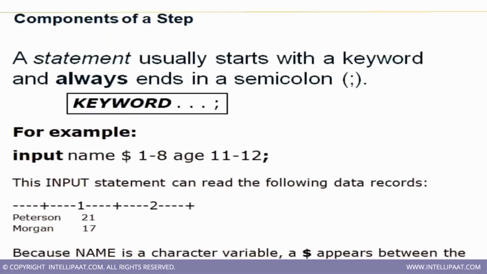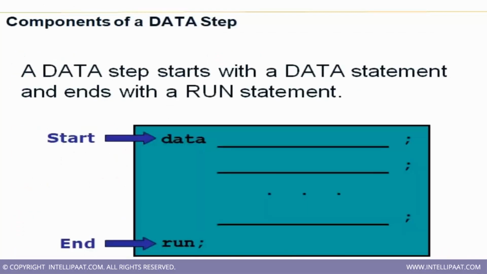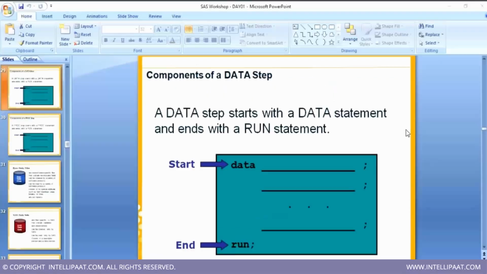Now we'll study how a typical SAS structure looks like. Every data step starts with a data. Then comes the output dataset. Then there is a semicolon. Semicolon means end of statement.